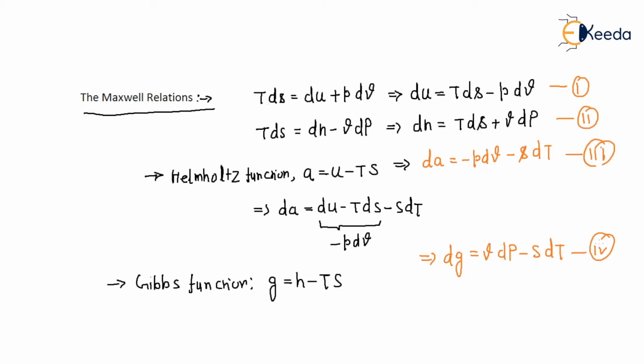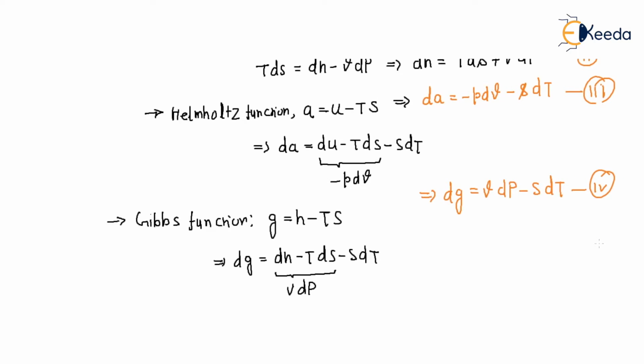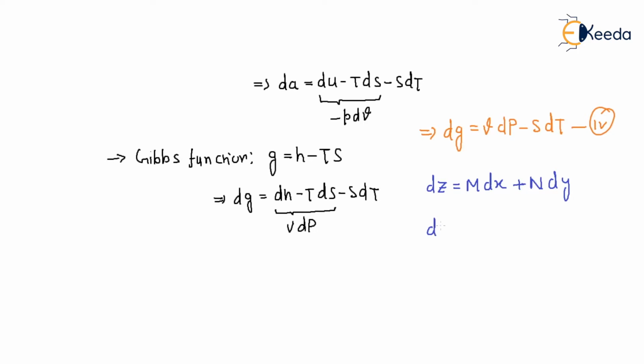And if we examine carefully, these relations are all of the form dz is equal to M dx plus N dy, where dM by dy at x constant is equal to dN by dx at y constant.